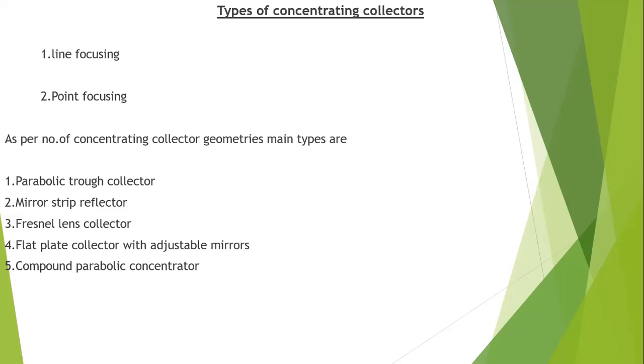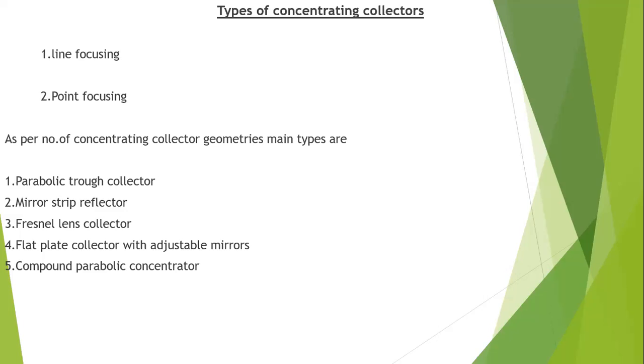These point focusing collectors and similar apparatus can also be utilized to concentrate solar energy for use with concentrated photovoltaics. These photovoltaics will be discussed in the next chapter of your subject. In this case, instead of producing heat, the sun's energy is converted directly into electricity.